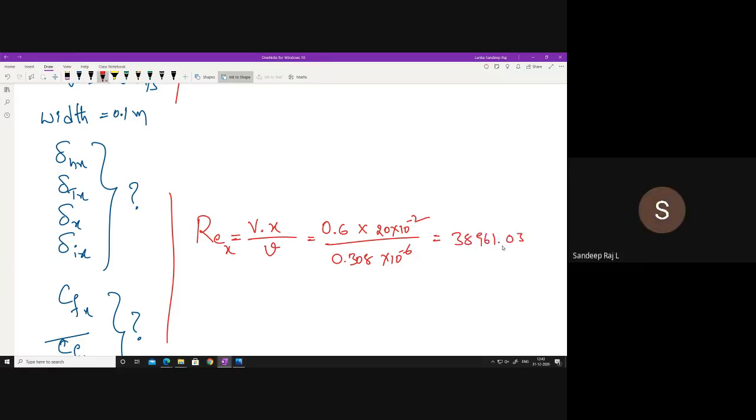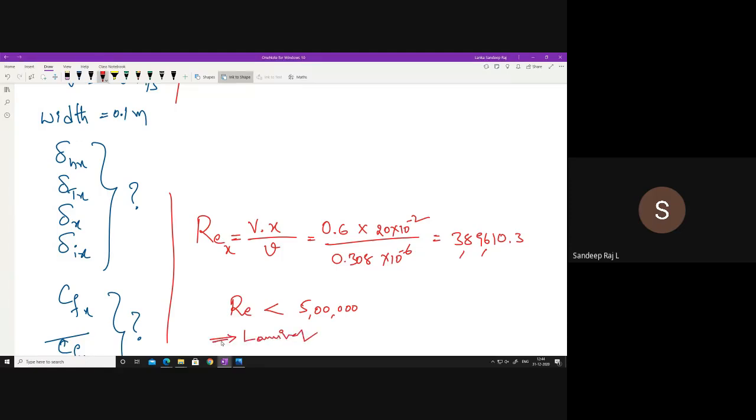Am I right? So this is like 3,89,000. So Re value is less than 5 lakhs, so that will imply it is a laminar flow.